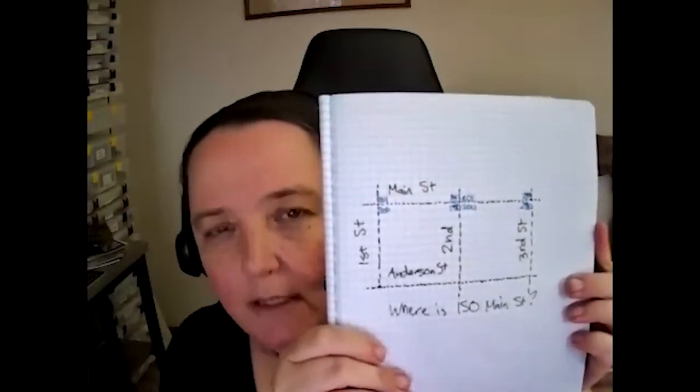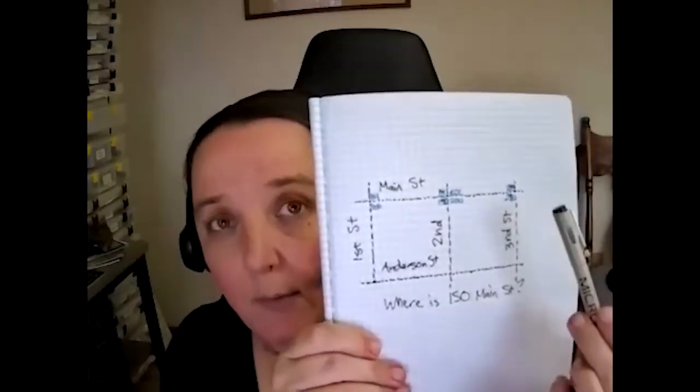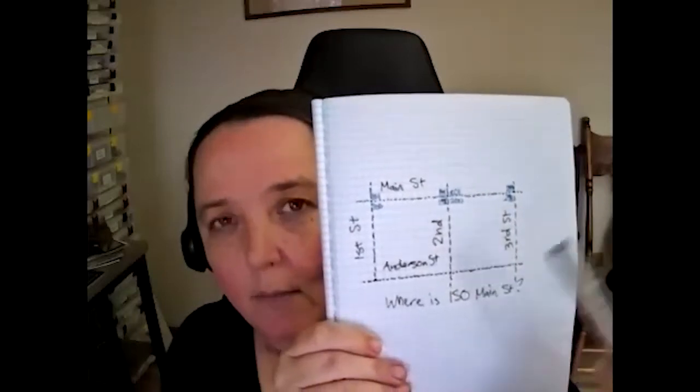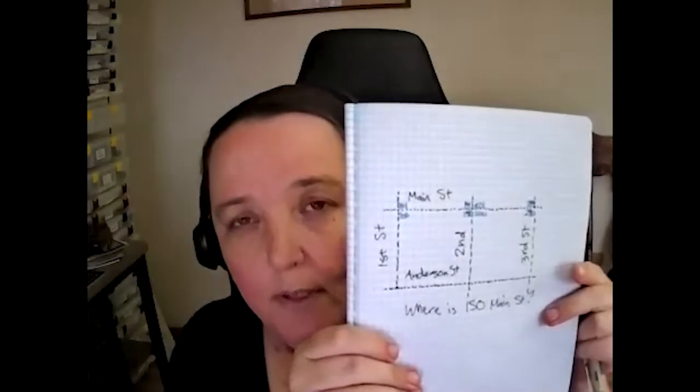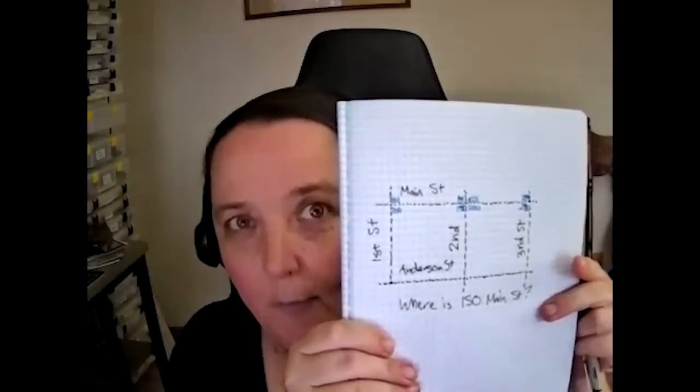Because 150 would be halfway between 100 and 199. Now, there's a little bit of wiggle room there, but you can estimate that 150 is pretty much halfway.